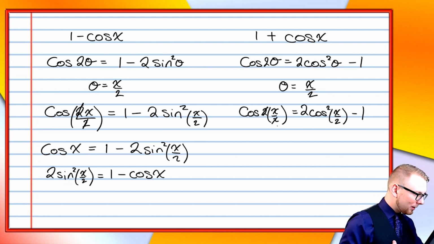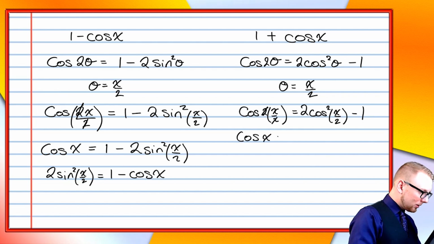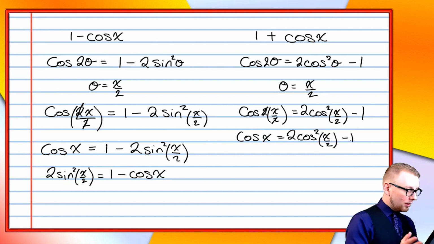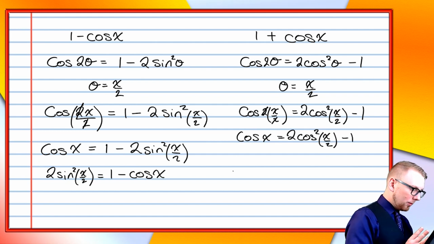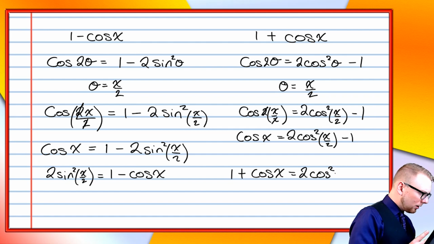These 2's cancel out. We've got cosine of x is equal to 2 cosine squared of x over 2 minus 1. We'll bring the 1 to the other side. We've got 1 plus cosine of x is equal to 2 cosine squared of x over 2.